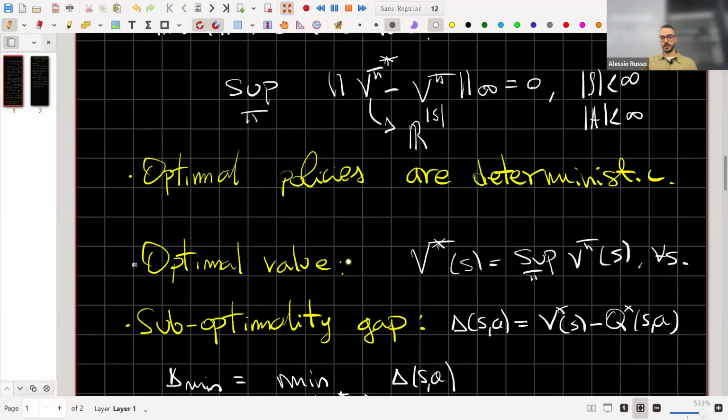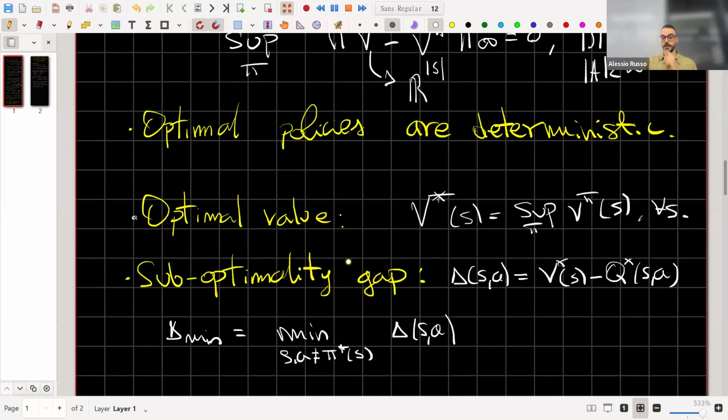So we indicate by pi star the optimal policy, and we indicate by V star the optimal value. And given the definition of optimal value, we can also define what is the suboptimality gap in SA. So for an action A, we can ask ourselves how far we are from optimality. And this is measured by this quantity here.